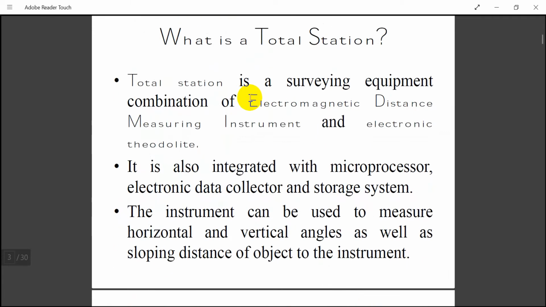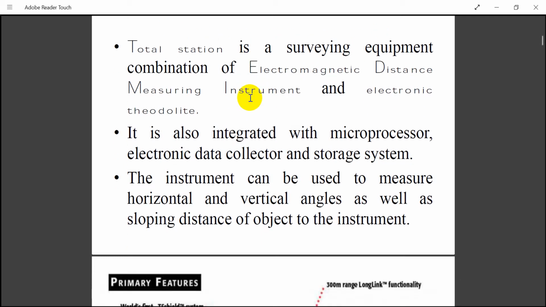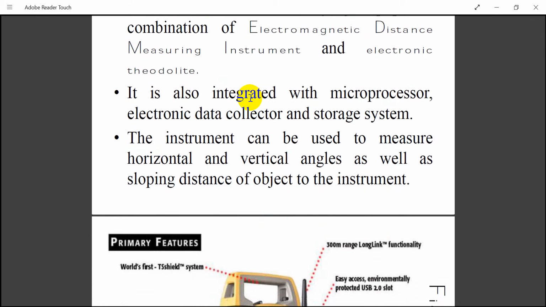See, the total station is a surveying equipment, a combination of electromagnetic distance measurement, not electronic. It's electromagnetic: electric signal and magnetic signal clubbed together, and an electronic theodolite. It's a theodolite and distance measurement, both. It is also integrated with a microprocessor, electronic data collector and storage system.